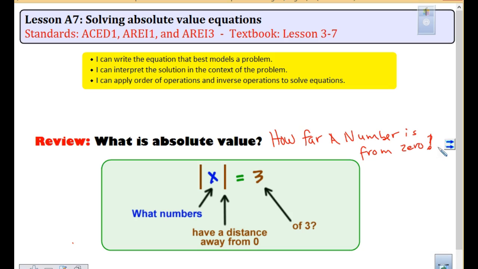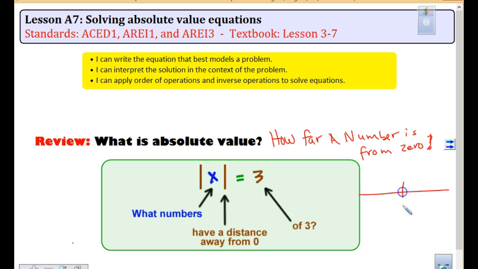You're just going in the opposite direction. So when we think of absolute value, if we find the absolute value of any given number, it is the distance. It's saying what number has a distance 3 units away from 0. That's what it's asking us. What number is 3 units away from 0? And there's actually 2 numbers, right, that are 3 units away from 0.